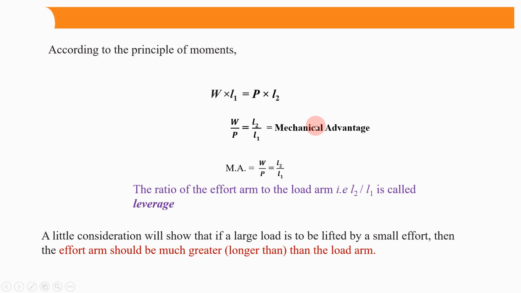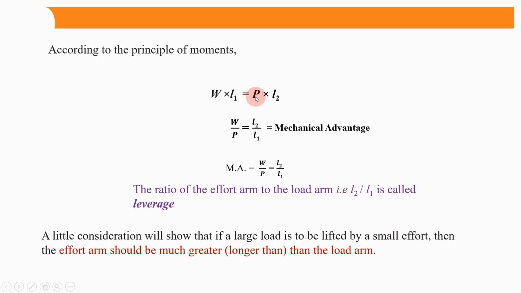Now, according to the principle of moments, as we know, levers work on the principle of moments. So W into L1, where L1 is the load arm, equals P into L2, where L2 is the effort arm.